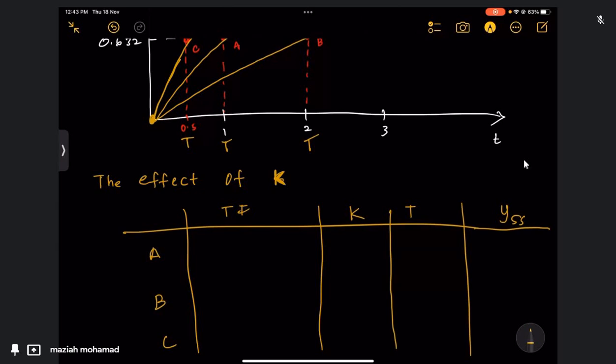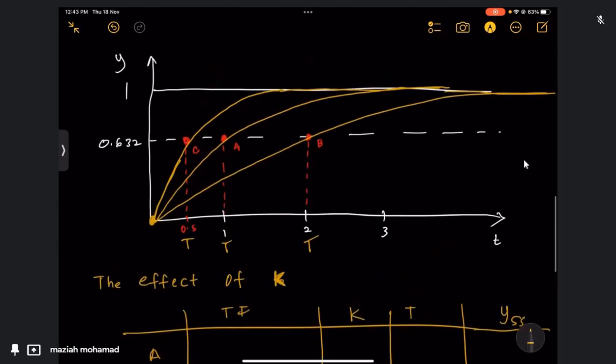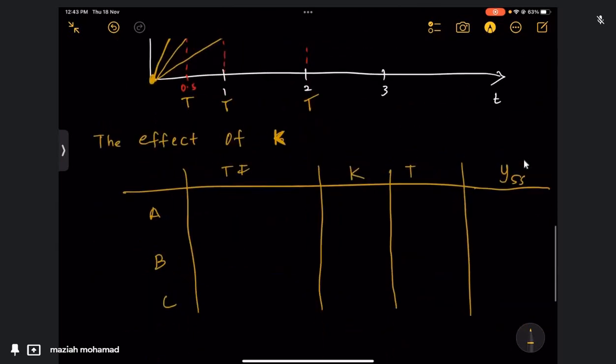In order to illustrate the effect of K, I'm going to choose the same time constant. Here you will have 1 over S plus 1, 2 over S plus 1, and 0.5 over S plus 1.